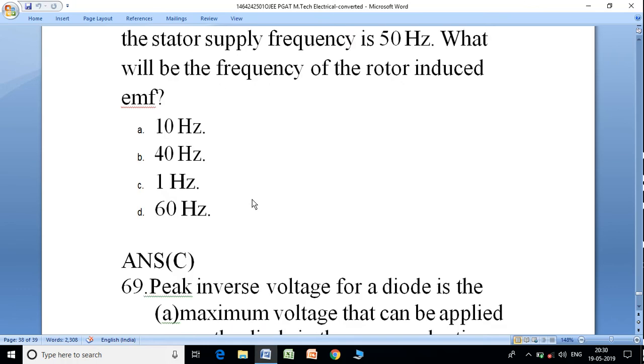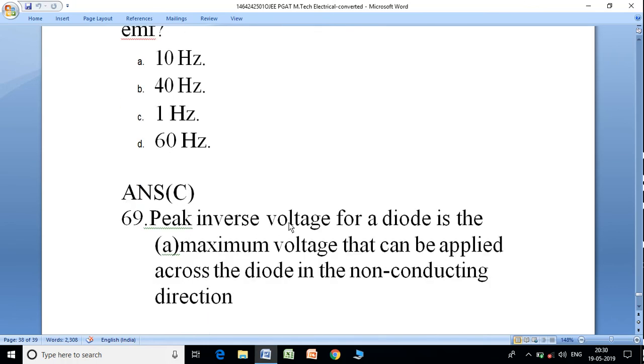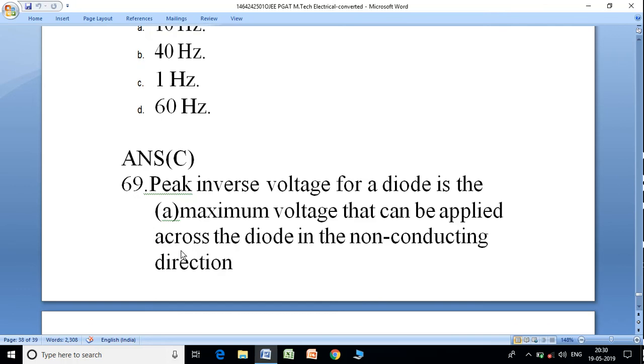So that is 1 Hz. Peak inverse voltage of a diode is the maximum voltage that can be applied across the diode in the non-conduction direction. So answer A is the correct answer, which is called peak inverse voltage when it is in the non-conducting state.